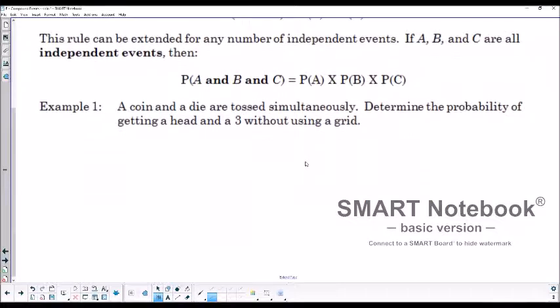So if we don't want to use a 2-dimensional grid and we toss a coin and we roll a die and we want to find the probability of getting a head and a 3, well, that's going to be the probability of getting a head multiplied by the probability of getting a 3.